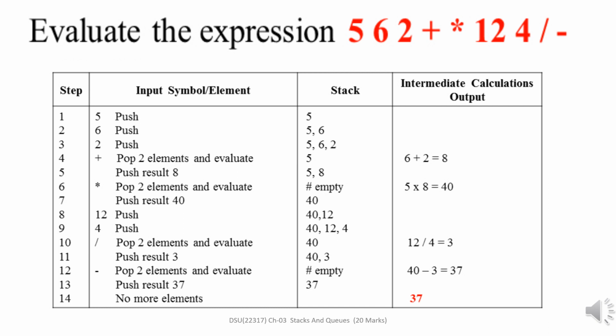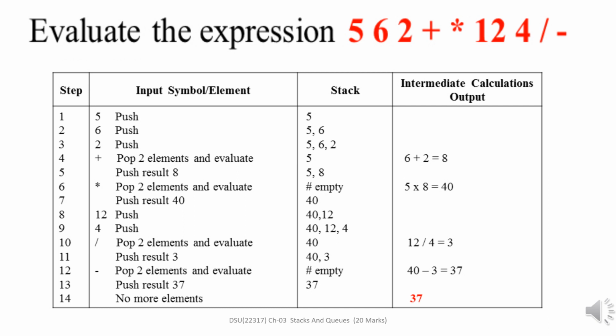Now next there is addition, so there is a plus symbol, so pop 2 elements and evaluate and push the result. So last 2 operands are 6 and 2, so 6 plus 2 is equal to 8, so output is 8.